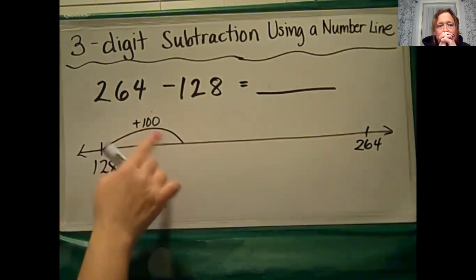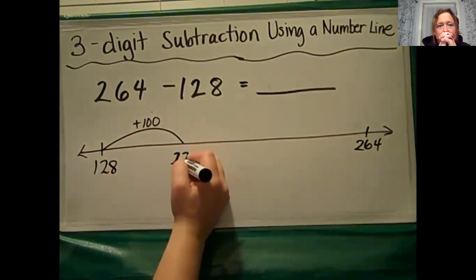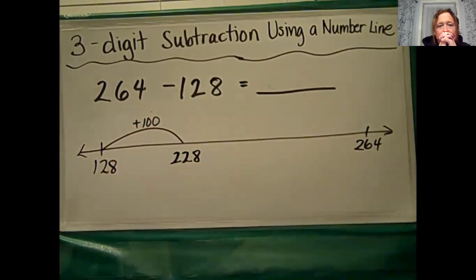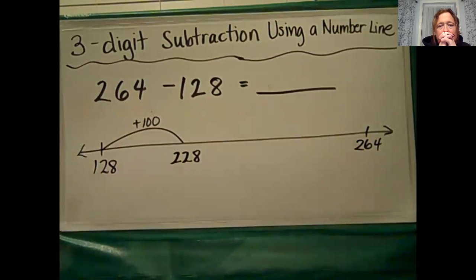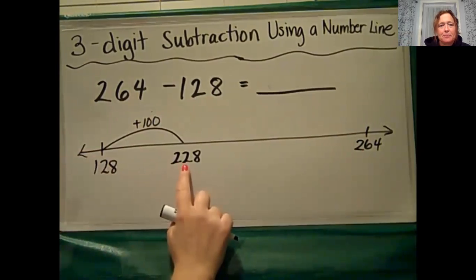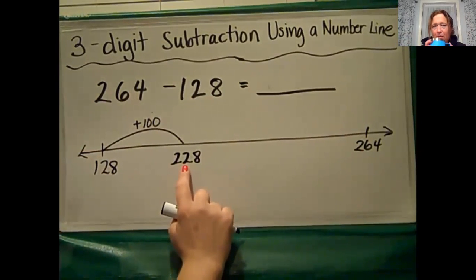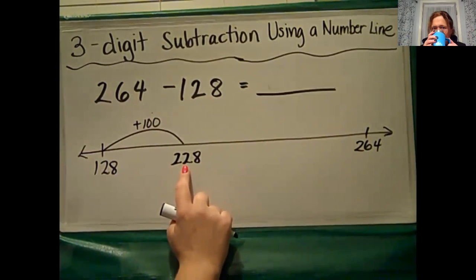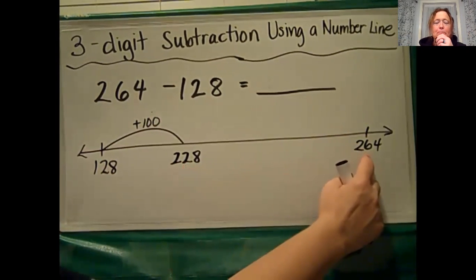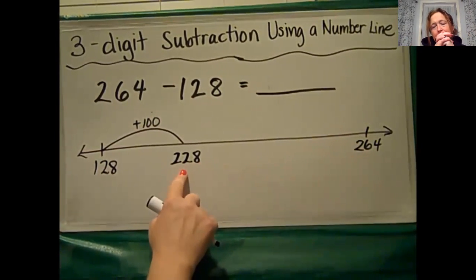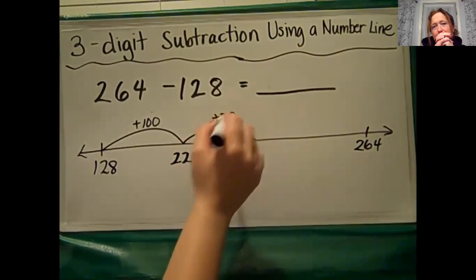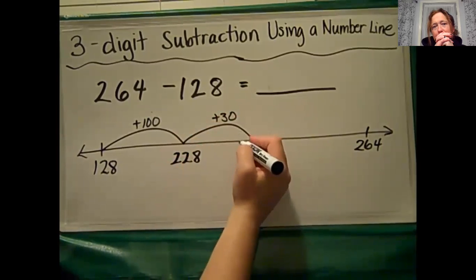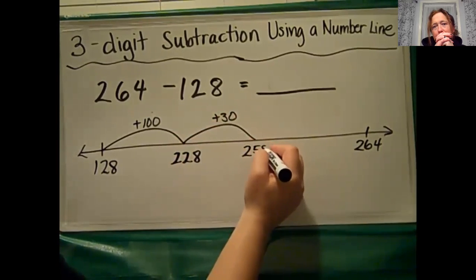So I'm going to make one hop of 100. And since I'm adding 100, now I'm at 228. So at 228, and I need to get somewhere in the 264, I know that if I hop 40, that would get me to 268, and that's going to be too much. So I'm going to just hop 30. And if I add 30 to my 20, that will give me 258.